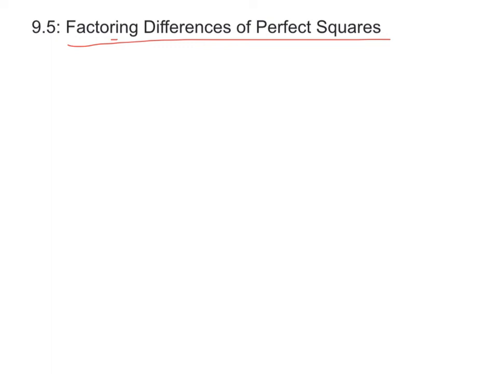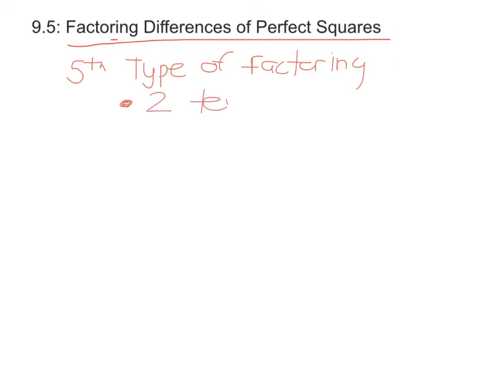9.5 is factoring the differences of perfect squares. So this is the fifth type of factoring that you have learned. And the times you'll be able to use this is there can only be two terms.